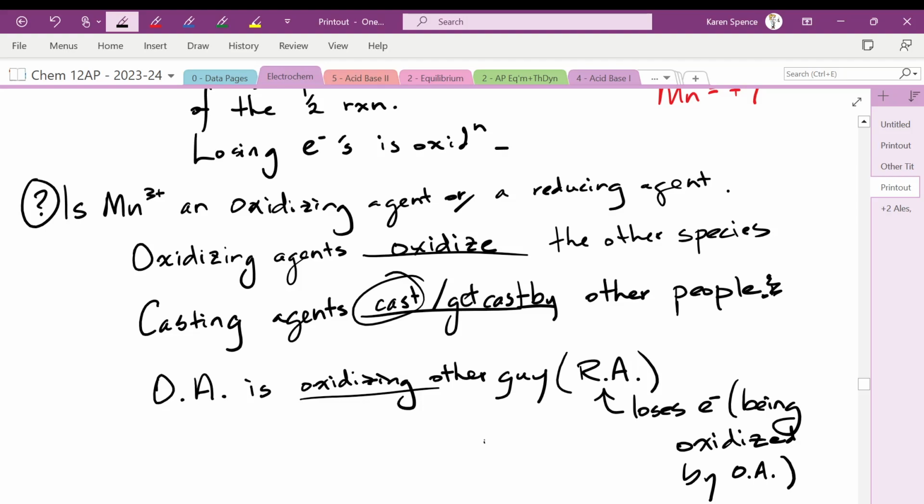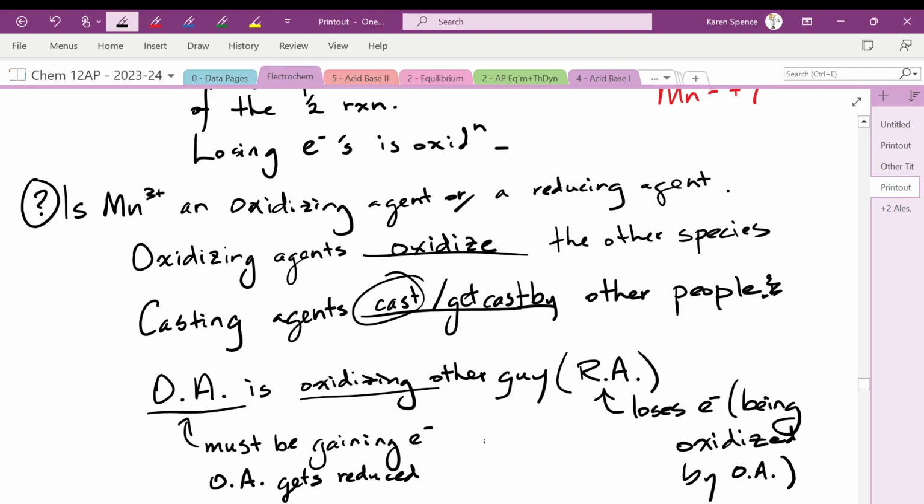If it's causing the other guy to lose electrons, what must it be doing? Therefore, oxidizing agents get reduced. So the oxidizing agent gets reduced. The reducing agent gets oxidized.